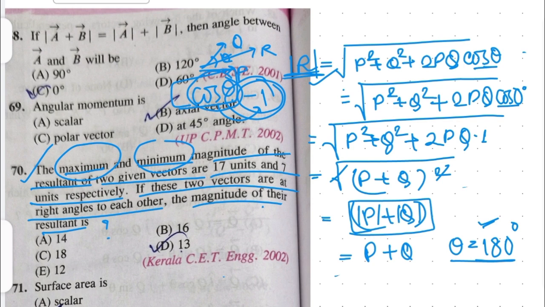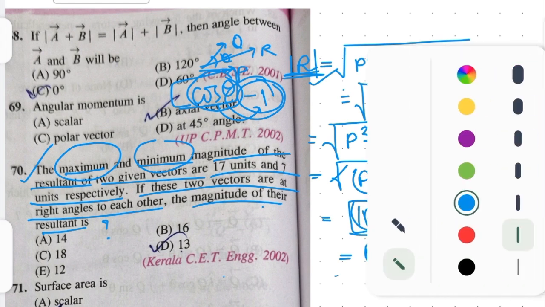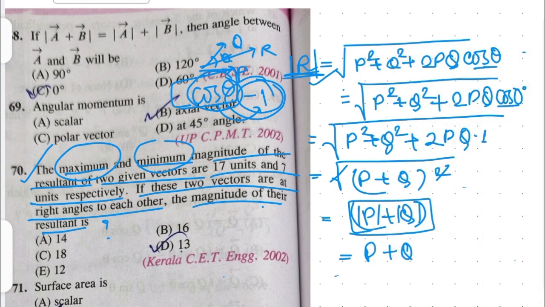So what will be the expression of minimum magnitude? See, in our minimum case, it is root over P square plus Q square plus 2PQ cos theta. Now this cos theta's value is minimum and the minimum value is minus 1. So it will be P square plus Q square minus 2PQ.